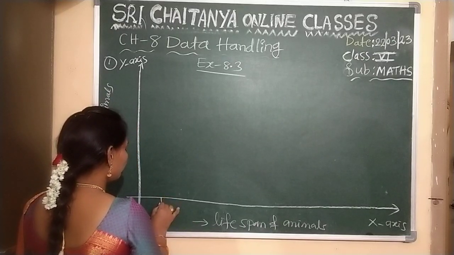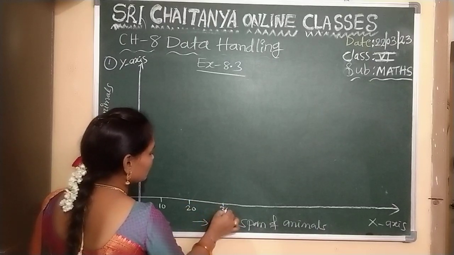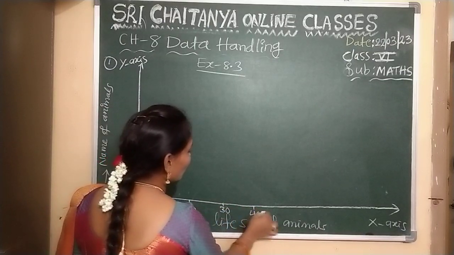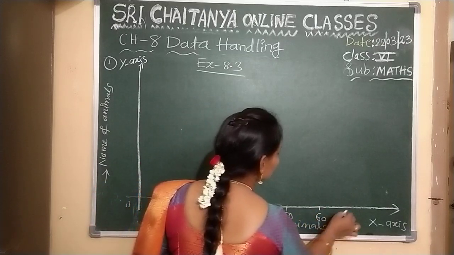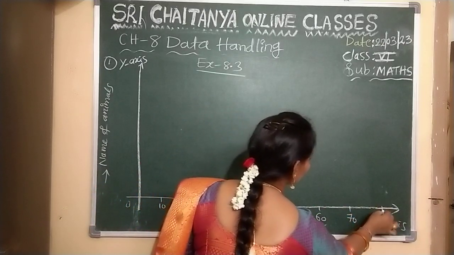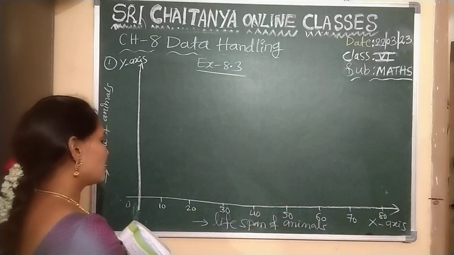I am taking 10, 20, 30, 40, 50, 60, 70, 80. Okay, this is the lifespan of animals.